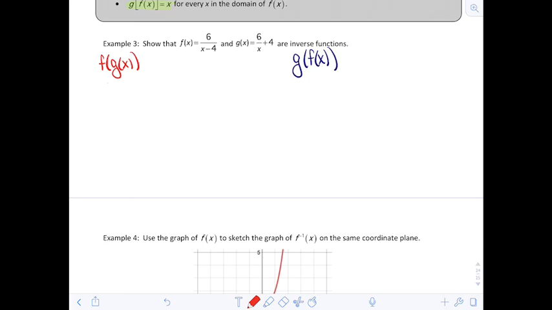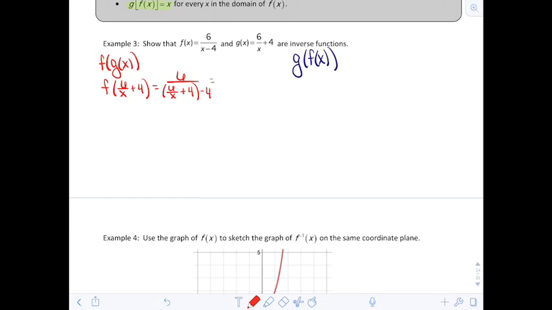So f of g of x is my 6 over x plus 4. So I'm going to go to f, and where I see an x, I'm going to plug in this entire quantity. So I look at f, which is 6 over x minus 4, and I'm going to have 6 over, now I have this entire thing, 6 over x plus 4, but then minus 4.